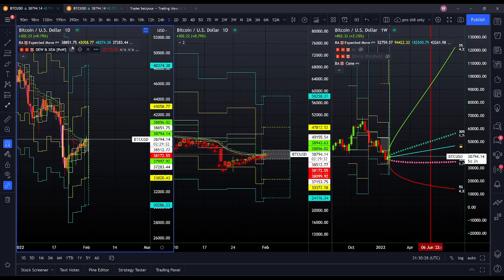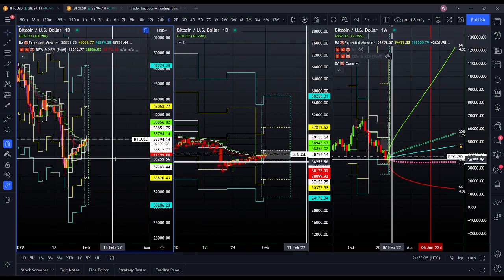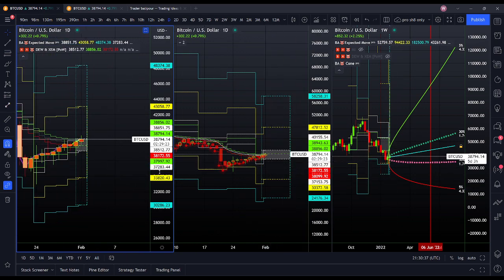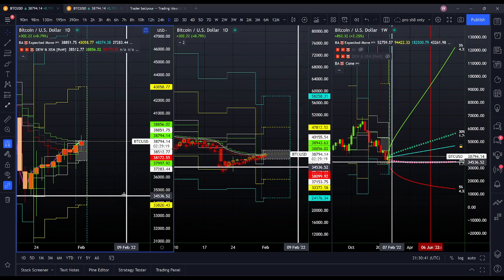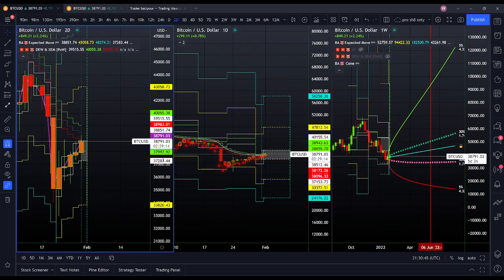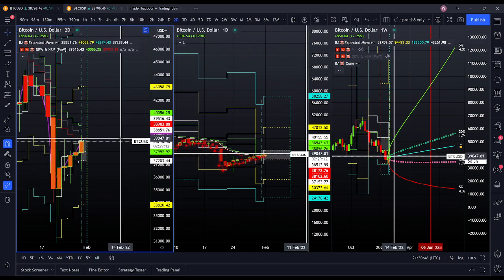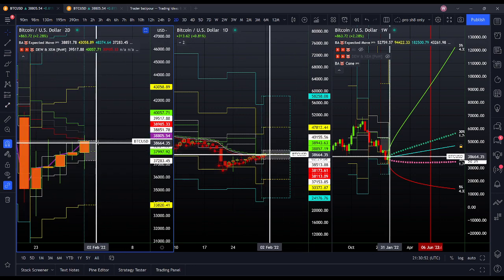So looking at this expected move on a 2-day right here, that's taking into account the past 500 2-days. So we're at the upper end. There's a 20% probability that we close this 2-day candle, which is closing in about 2.5 hours. So we'll get a new probability for that, but there's a 30% probability we're closing there at 38,000. So maybe not the best time to put on some positive deltas.